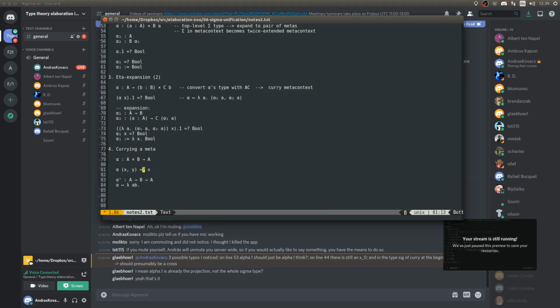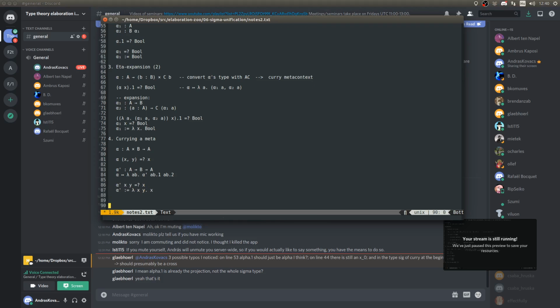So the old alpha has this type, so it has to be like lambda A, B, and then alpha prime A dot 1, A, B dot 1, A, B dot 2. And then this becomes just alpha prime X, Y, X, and can be solved like this. So this is currying a meta argument. And this also works in Agda.